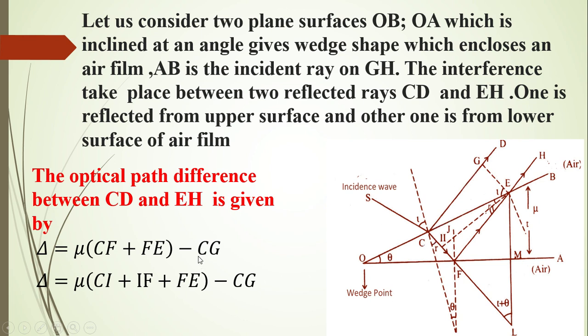But mu is equal to 1 because the refractive index of air is 1. Now the path difference between the two reflected rays CD and EH is delta equals mu times CF, where CI plus IF is equal to CF, so delta equals mu into CI plus IF plus FE minus CG.